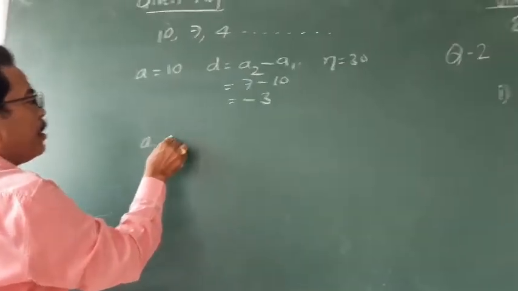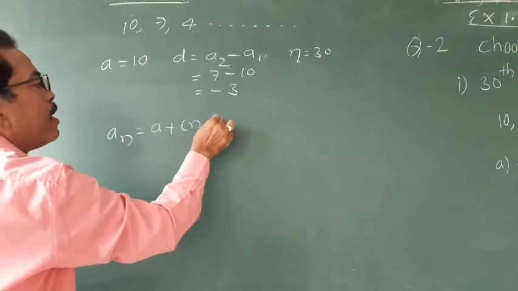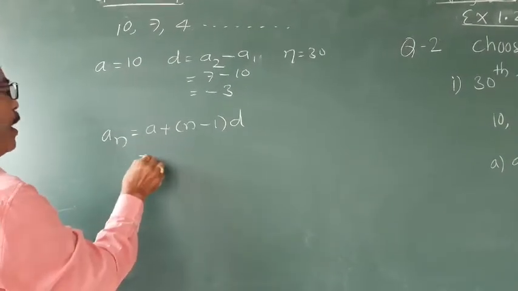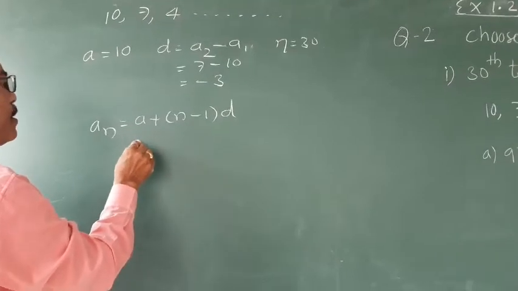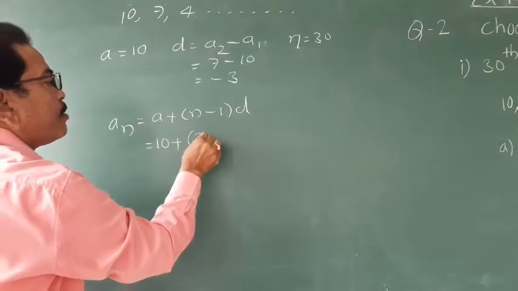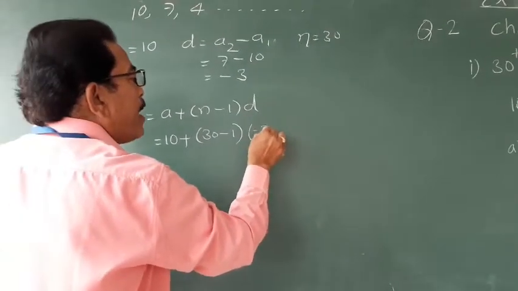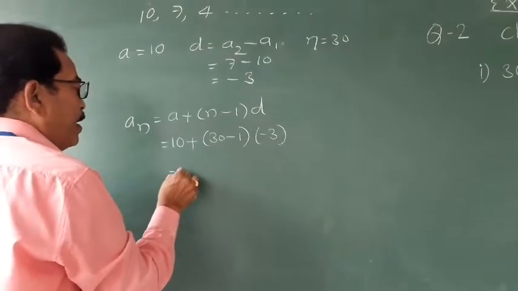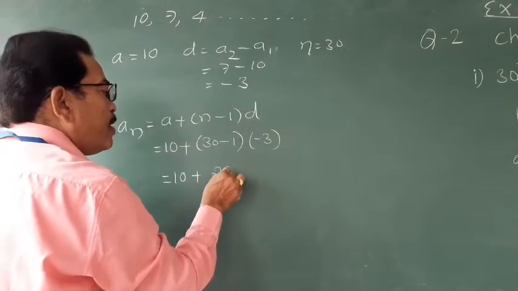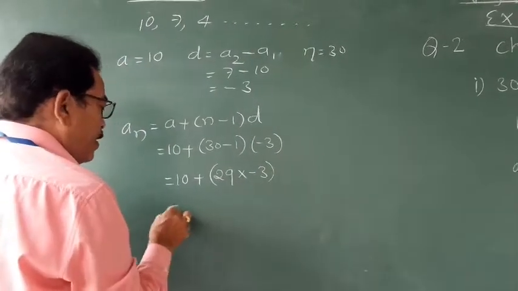an equals a plus n minus 1 into d. a is 10 plus n, 30 minus 1, d, that is minus 3. 10 plus 30 minus 1, 29, into minus 3.